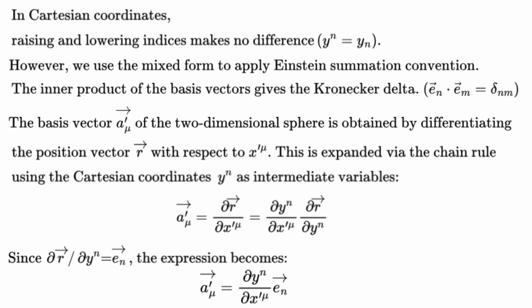The basis vector A prime mu of the two-dimensional sphere is obtained by differentiating the position vector r with respect to x prime mu. This is expanded via the chain rule using the Cartesian coordinates yn as intermediate variables.